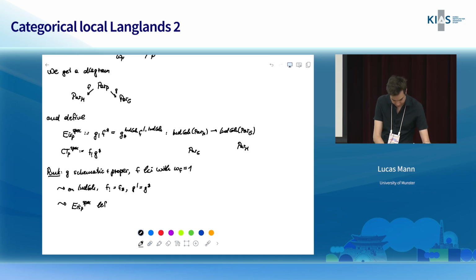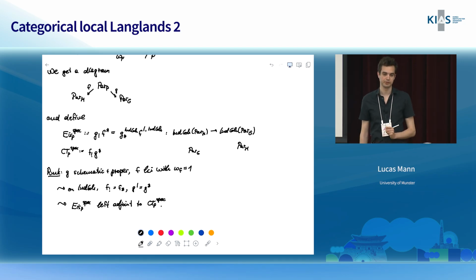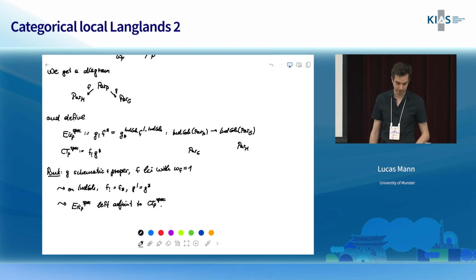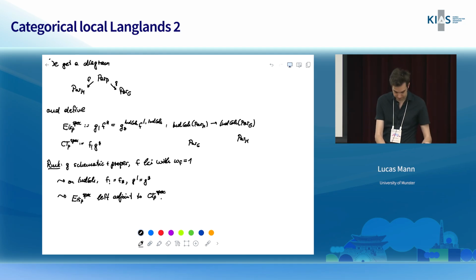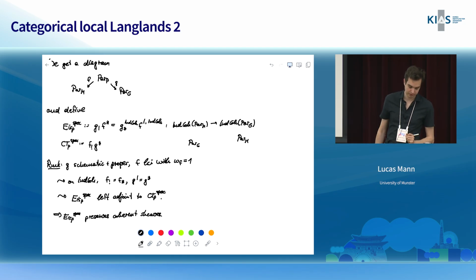is left adjoint to the constant term functor. Okay, so this is a really crucial property that will be used extensively in the next talk. And this also implies, quite formally, that this preserves coherent sheaves, because the coherent ones are the compact ones, or at least with quasi-compact support.